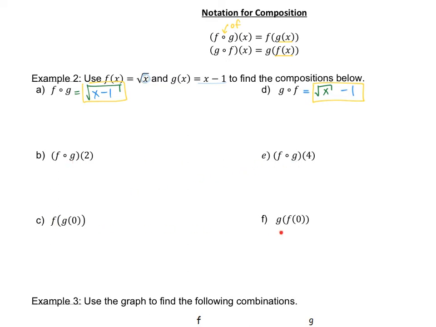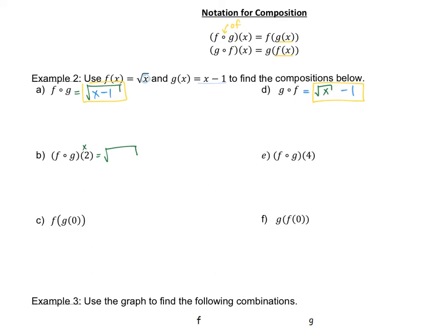All right, from there, let's take a look at these. These are composition functions as well, but you're plugging in an actual number. So what you do is you take your equation. Lucky for us, we've already found f of g, so here it is. We're going to rewrite our equation, the square root of x minus 1, but instead of the x, we're going to plug in our 2.